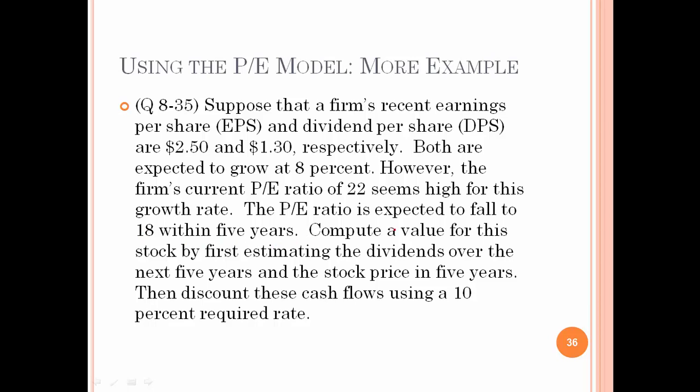So calculate the value of the stock by first estimating the dividend over the next 5 years and then the stock price in 5 years. You're going to use a 10% required rate of return here.